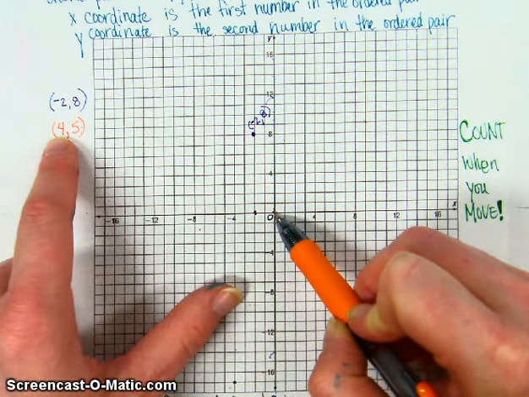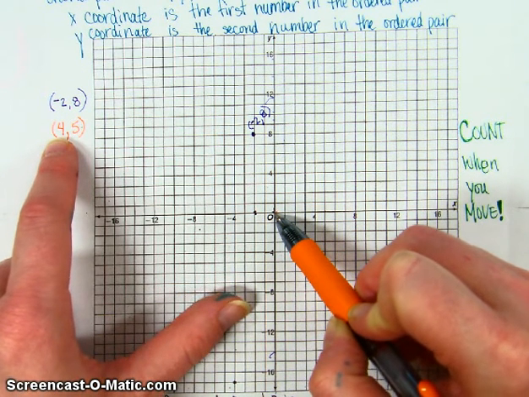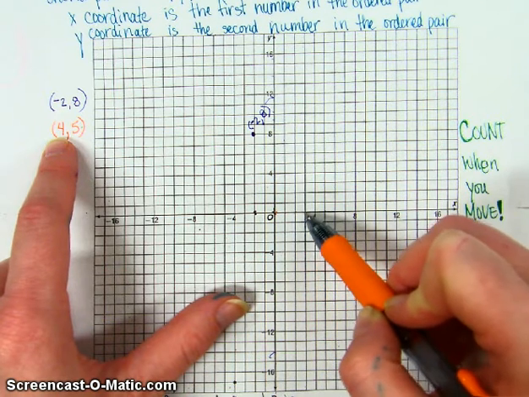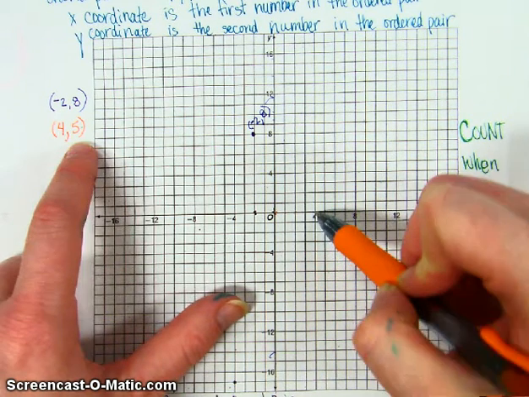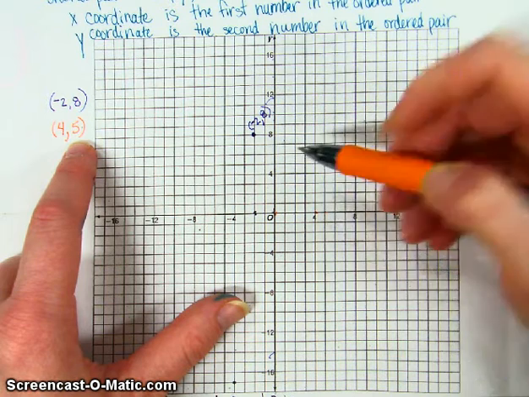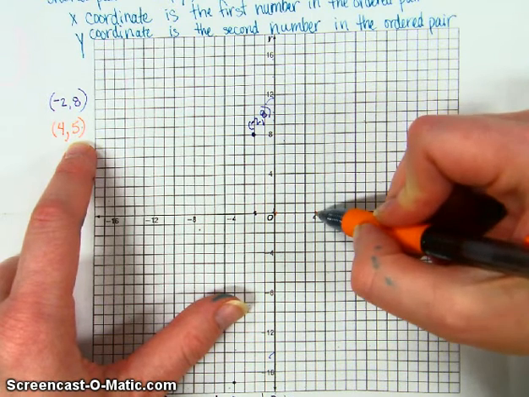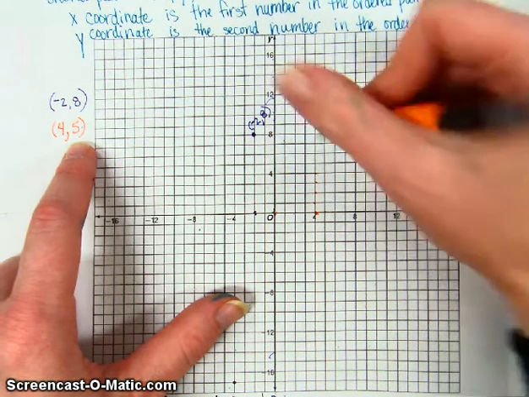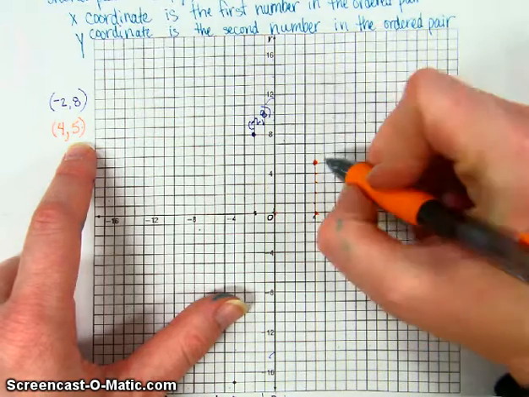I'm going to move right because that first x-coordinate is positive. Here's 1, 2, 3, 4. My y-coordinate is 5. It's positive. I'm going to move up. This is 0 right here. 1, 2, 3, 4, 5. Label it.